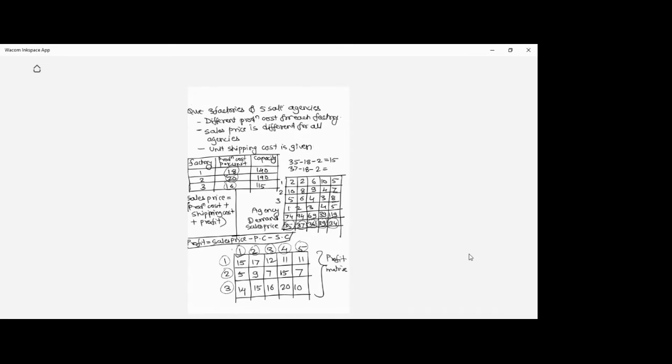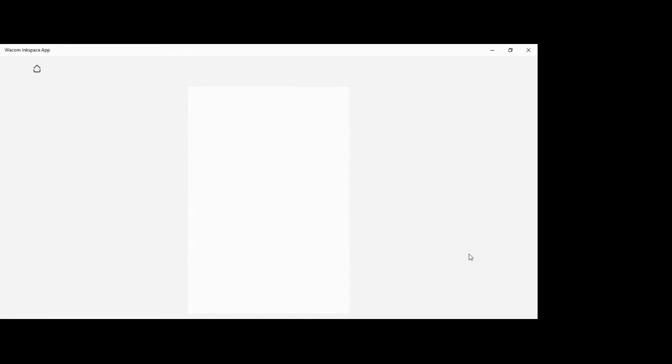Now that we have obtained the profit matrix, we can move ahead with the formulation of the transportation problem. I'm hoping that everyone has understood the profit matrix. So let's copy this profit matrix on the next page and formulate our transportation problem, which can be solved further, right? So I'm repeating the profit matrix here.